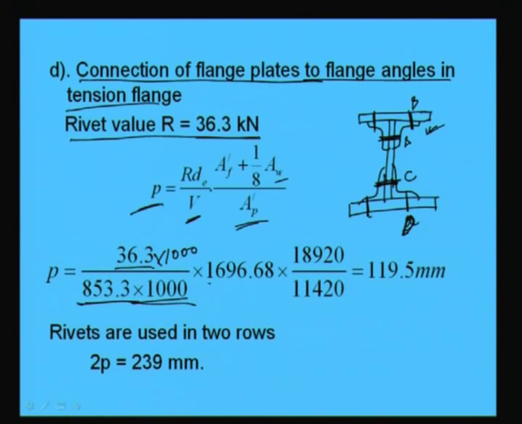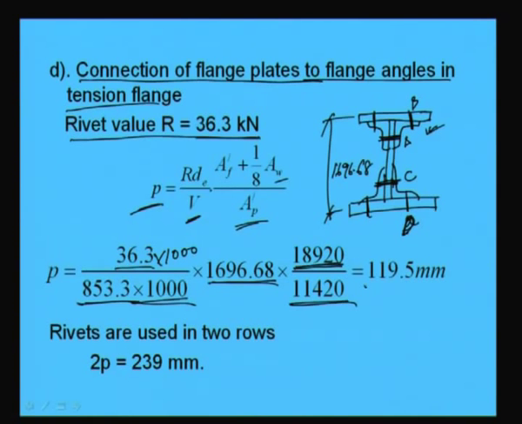Then D is given 1696.68 millimeter. Then A F dash plus 1/8 A W, that is given the value as 18920, and A dash P is calculated earlier, that is 11420.